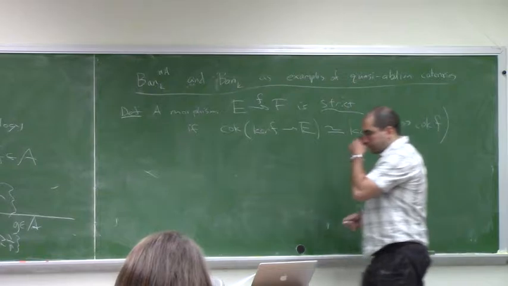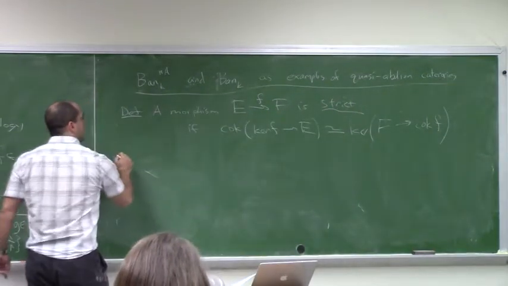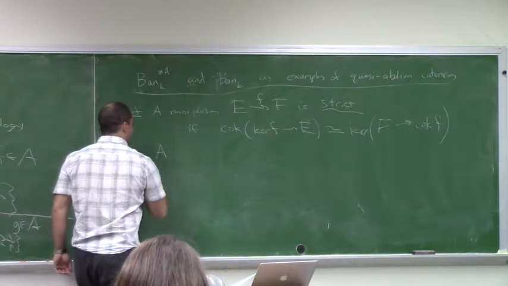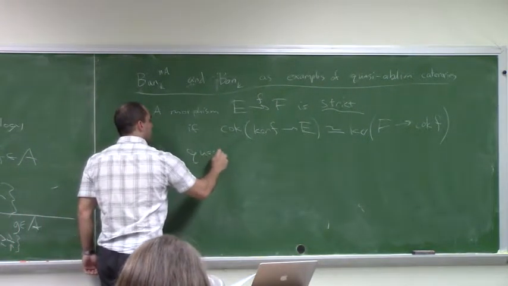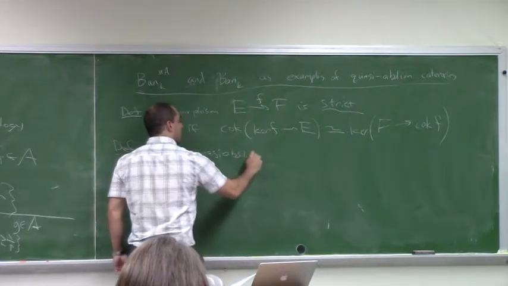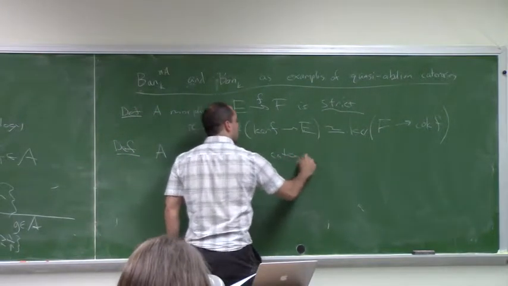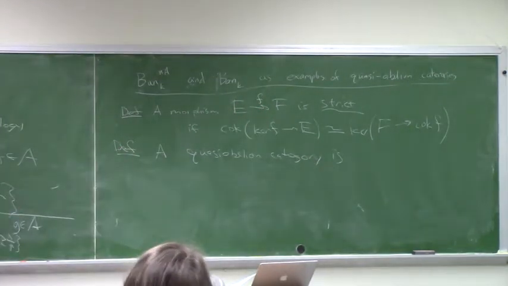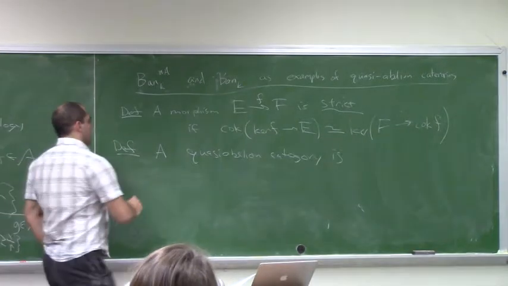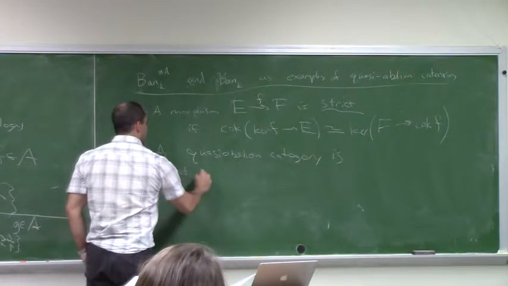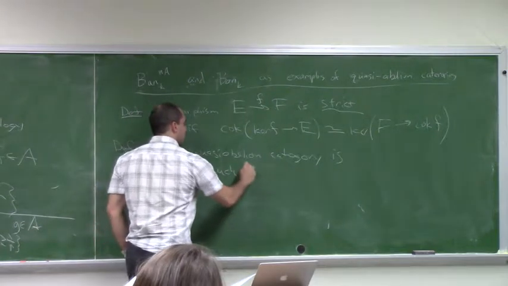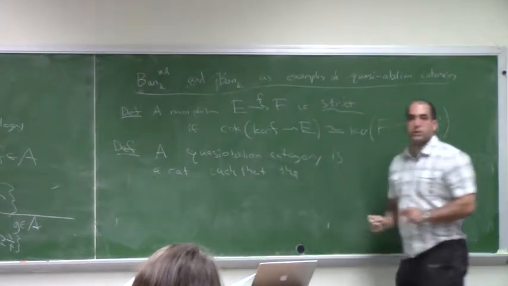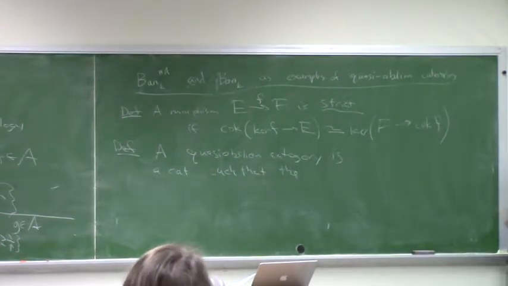And a quasi-abelian category is an additive category with finite limits and colimits, such that the strict epis and strict monos form a Quillen exact structure.